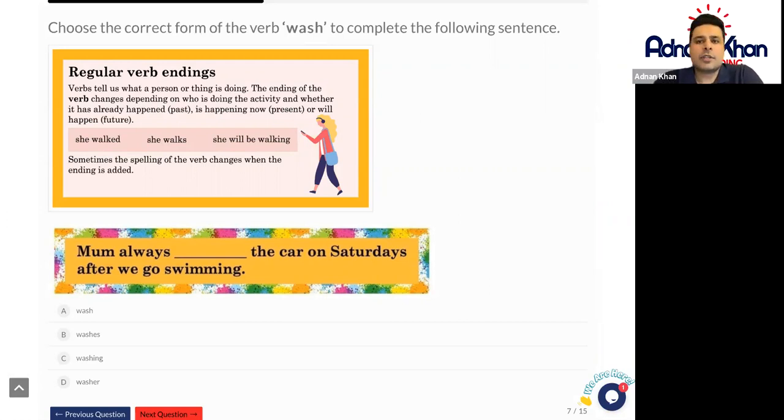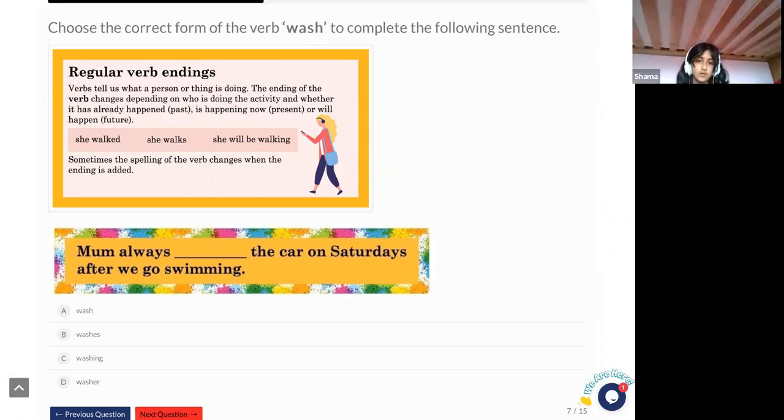Very good. So there you go, just the sentence and then let's see. Mum always washes the car on Saturdays after we go swimming.